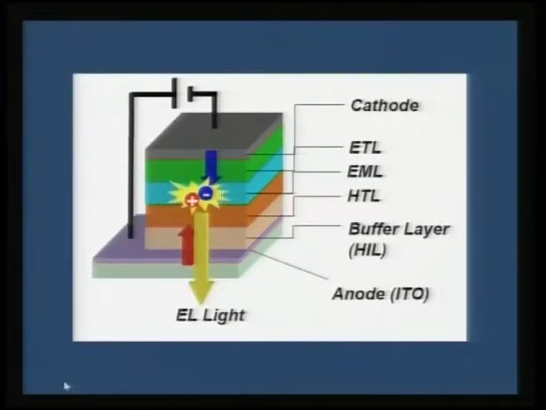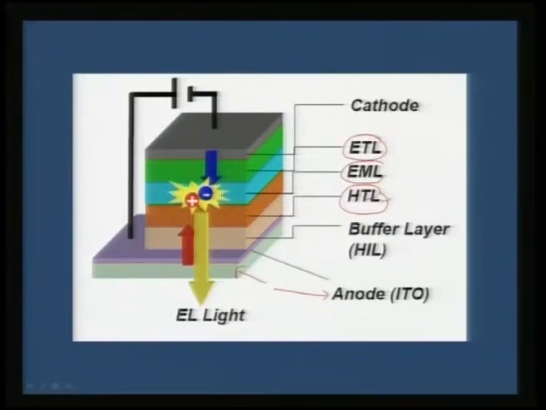And also in the last lecture, I touched on the basics of organic LED, where I told that this is a transparent anode which is called indium tin oxide, which is a transparent electrode, and then you have a buffer layer to help grow a hole transport layer, and this is the emissive layer, and this is the electron transport layer.